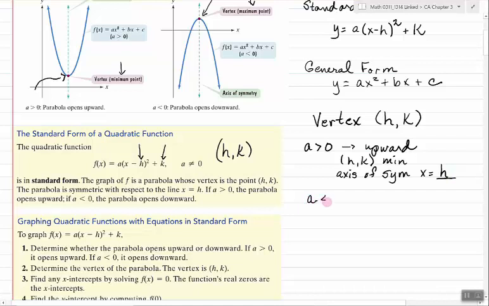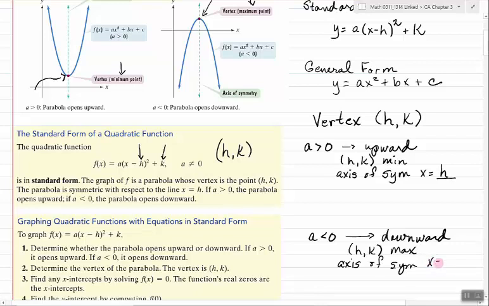If a is less than 0, it opens downward, and (h, k) is still the vertex, but if it's opening downward, then this will be a max. The axis of symmetry is still x equals some number, and it is the h coordinate of the vertex.